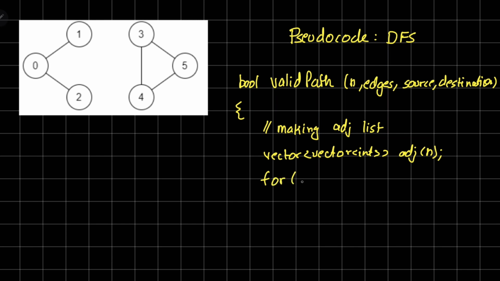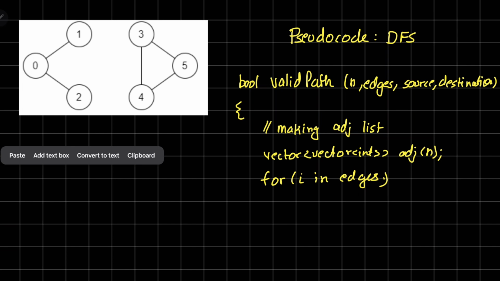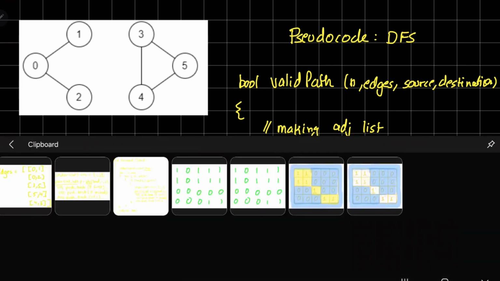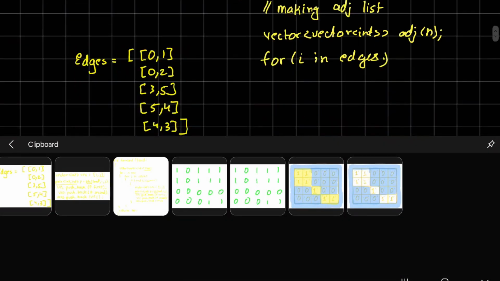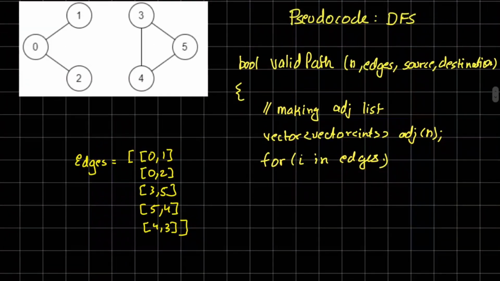So for i in edges, let me show you how the edges look here. Now as you can see, the edges matrix for this particular question looks something like this. So I will go from here to here, and for each i we will get 2 vertices.